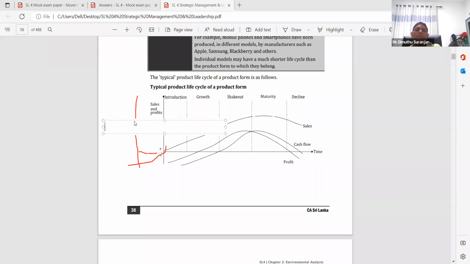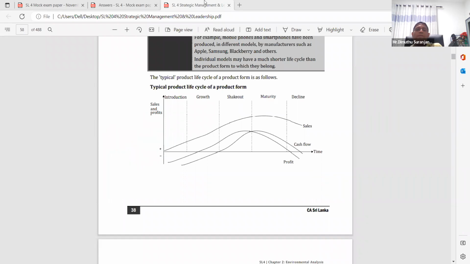That is research and development. Right. So that's the 5th stage. If you want to, you can identify.